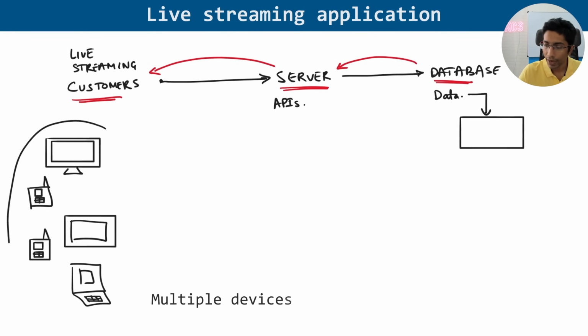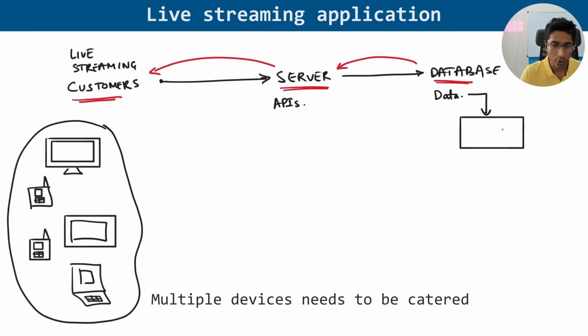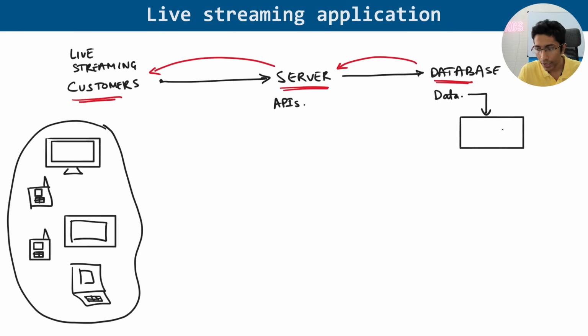But you see that there are multiple devices which need to be catered to. This is a front-end UI design problem. System design is more to do with the distributed systems back-end part of things. There is some system design involved when it comes to API interactions and how to store or cache data on the front end. But that is not what we are focusing on here. We are focusing on the back-end part of this system.